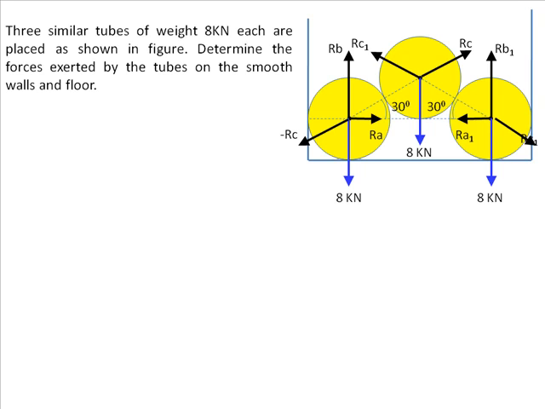Now our steps are, as many bodies, that many free bodies you draw. So if you see the top body, we have drawn the free body, the weight and the reactions coming out of two tangential contacts with the other tubes, and the lower cylinder also we have drawn the free body, where the weight is there, it touches at A, so RA has come out, it touches at B, so RB has come out, and like there is a contact between two tubes, so RC has come out.